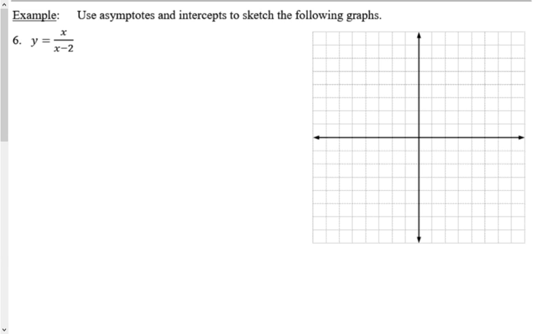So, intercepts. I know that when x is 0, y will equal 0. So I have an intercept at 0, 0, which actually gives me both x and y intercepts. So I have a point I can plot, 0, 0, a point on my graph.